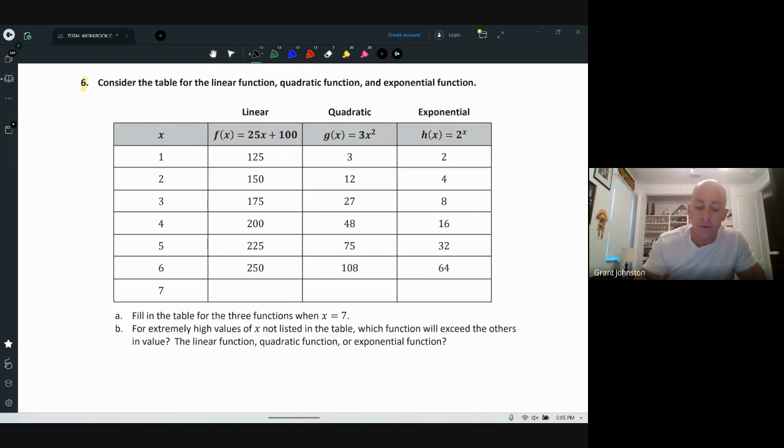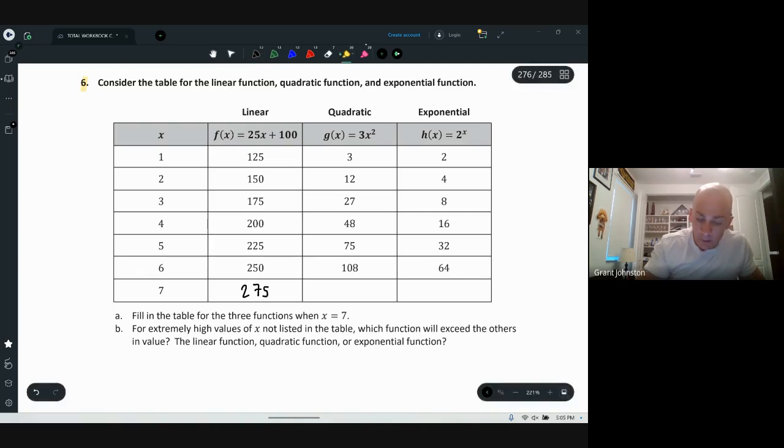Okay, so it gave us the functions. So when x equals 7 for the linear, now you could plug in 7 or you could just use the pattern. I'll just plug in 7. 25 times 7 plus 100 is 275. I'm just using these functions here.